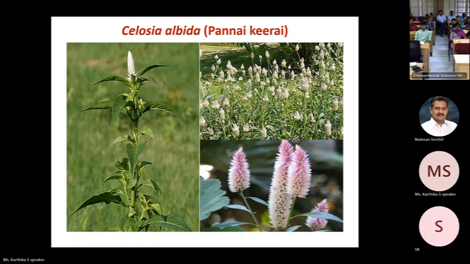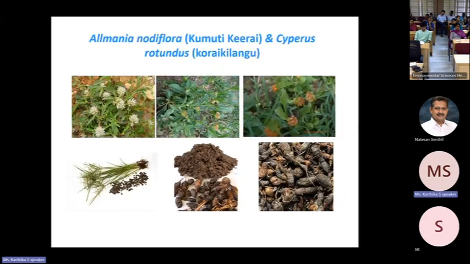Then Alternanthera nodiflora is one of the best green vegetables. It has 40% digestible protein. No leafy vegetable has this huge amount of protein.